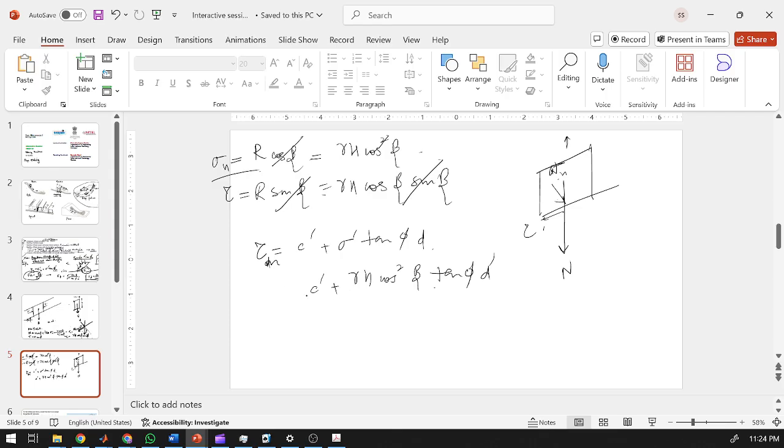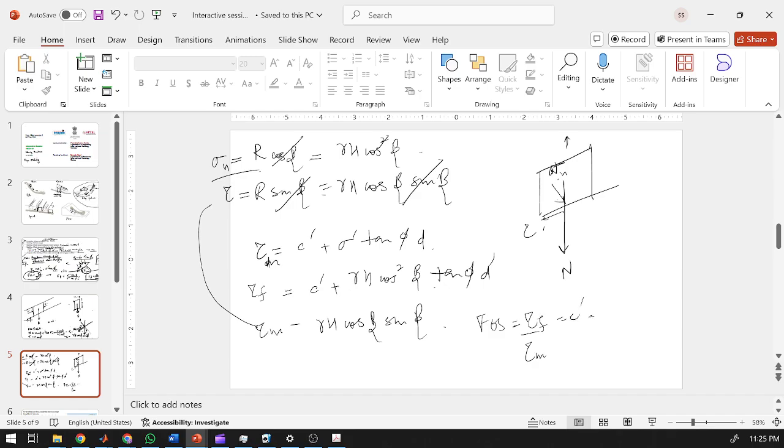This is your shear strength at failure, while your mobilized shear strength is gamma h cos beta sin beta, and you get factor of safety is equivalent to tau over tau m.